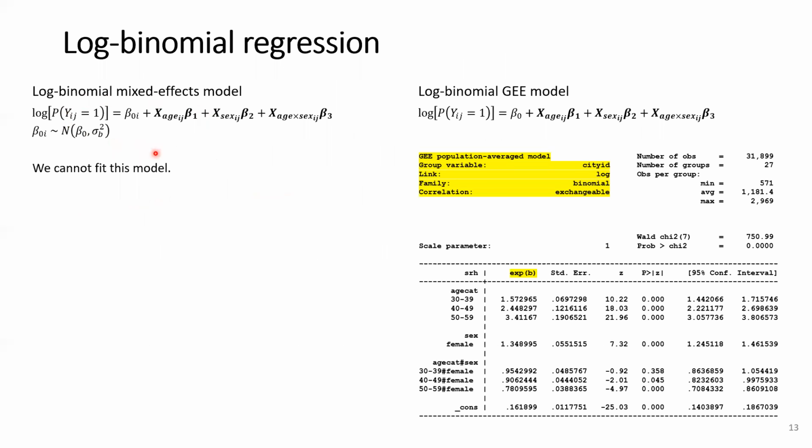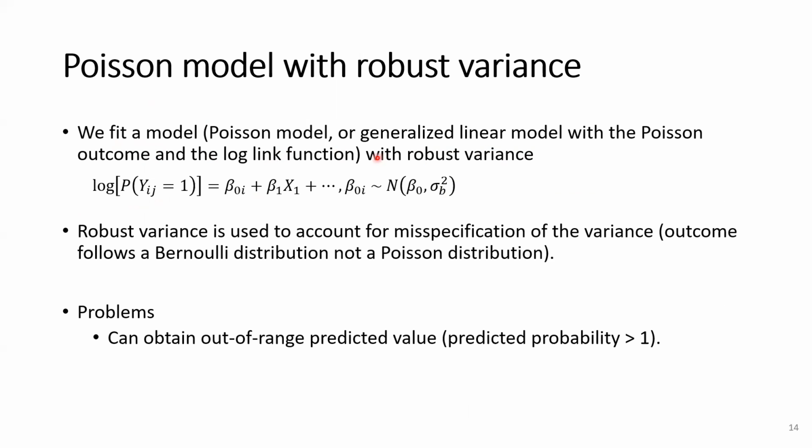But the difference is, previously we assumed that this Y takes only binary outcome 0, 1, but now we are using a Poisson model. So we are assuming that Y takes integers starting from 0, 1, 2, 3, 4, and continues.